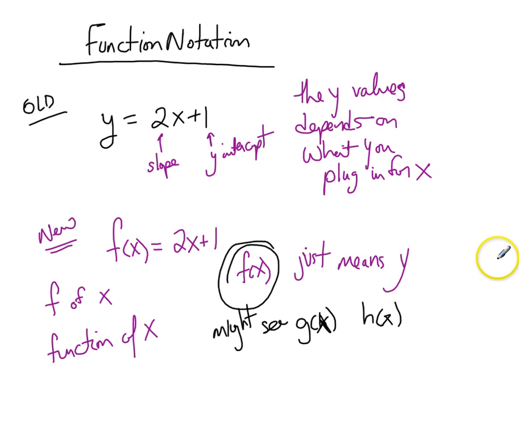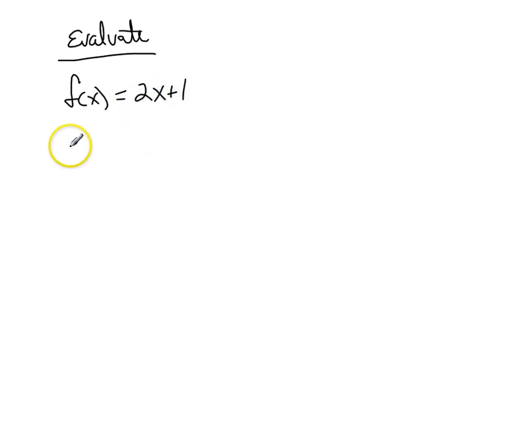So let's do something here. What we could do now with this is we'll call it evaluating a function. So we have the function. Let's stick with f of x equals 2x plus 1. They won't say x equals 2, tell me why. This is how they would say it. They would say, what is f of 2?